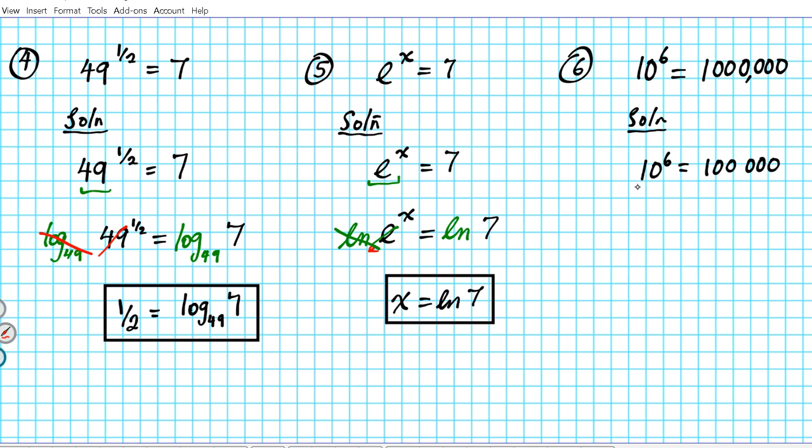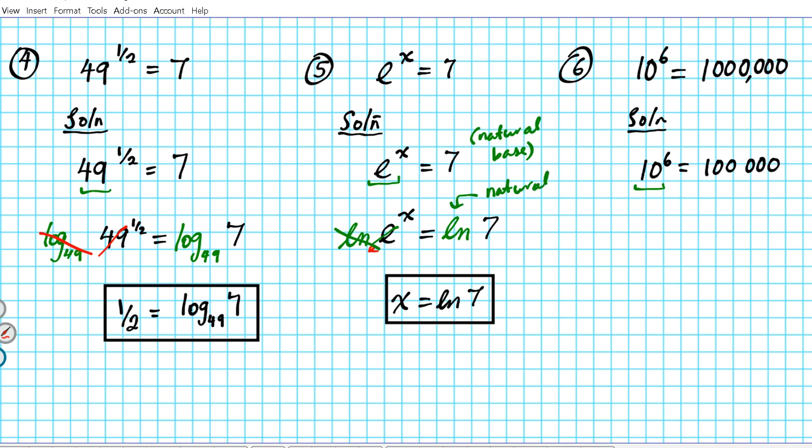So the base of this exponent is 10. All right, so for number 5, the base was e, this is known as your natural base. This is a natural base situation for number 5. So for a natural base, you use your natural log.